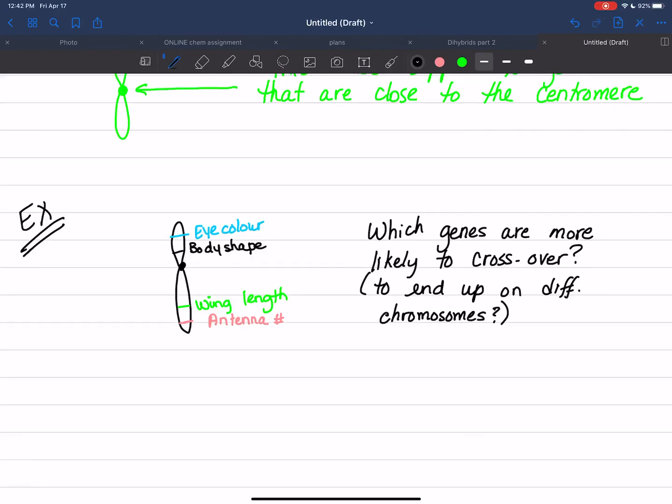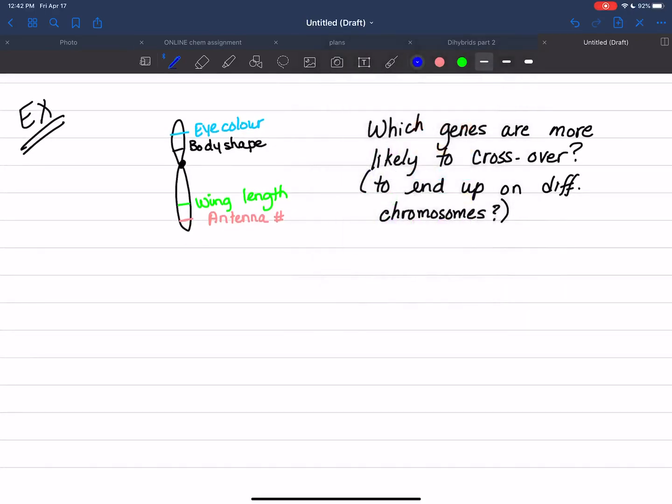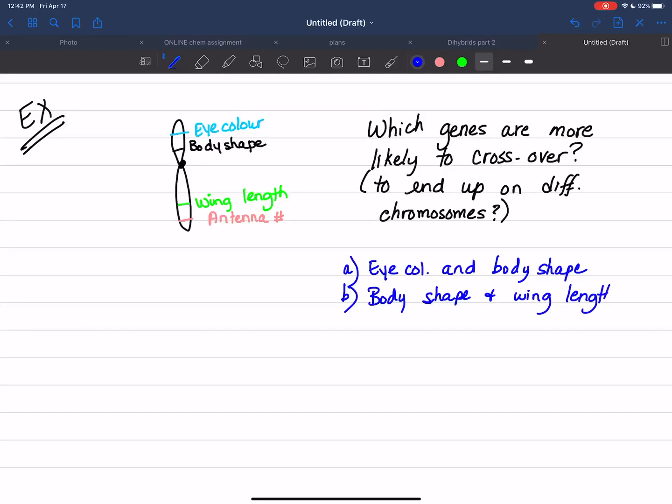Okay, and let's say that I give you some options because it would have been a multiple choice question. So I'm going to say A, eye color and body shape. B, body shape and wing length. C, I'm going to go eye color and antenna numbers.